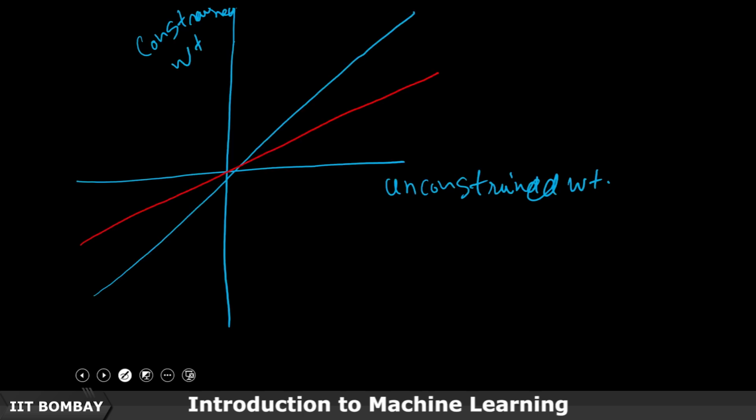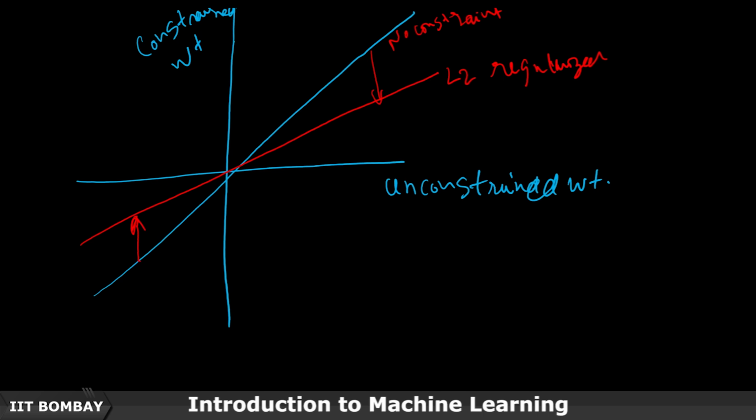So this is no constraint, and this is some L2 constraint, L2 regularization. The weights dip like this in absolute value because we are trying to constrain the L2 norm of the weights.